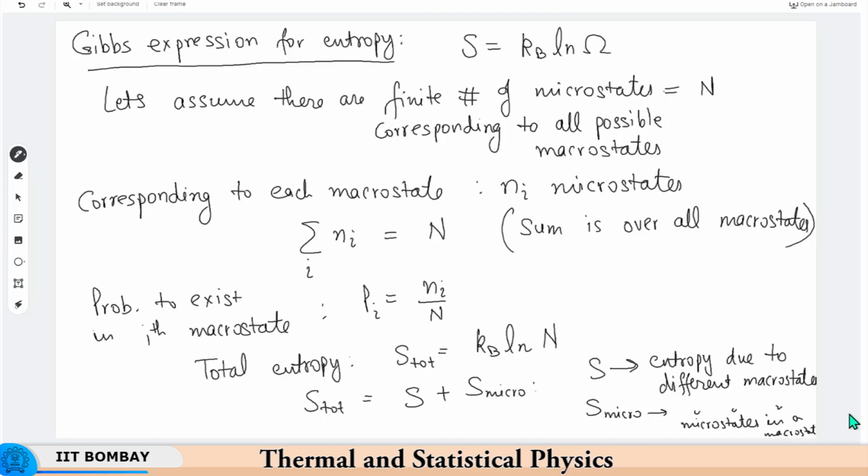Since there are Ni number of microstates in the ith macrostate, the entropy of the ith macrostate is only due to the number of microstates in that particular macrostate, and that is Si, which is Kb times log of Ni.